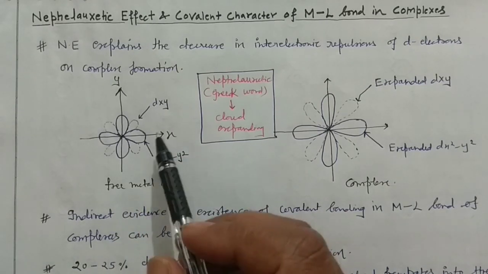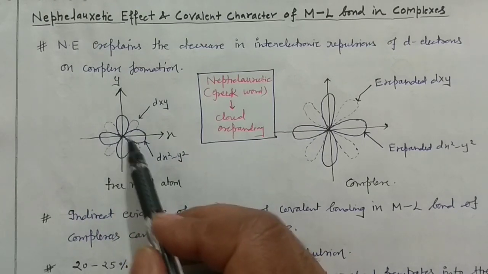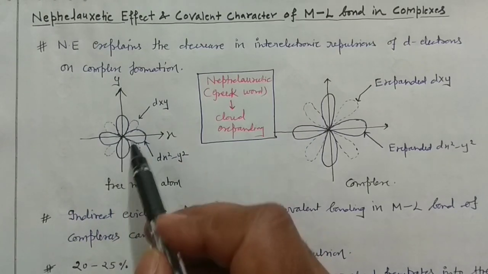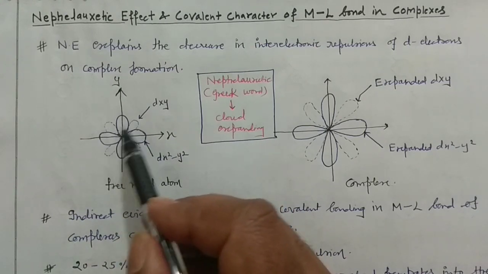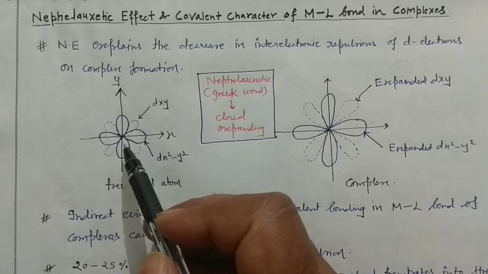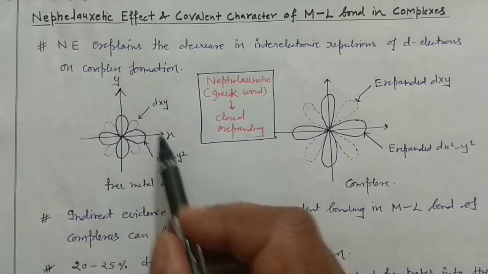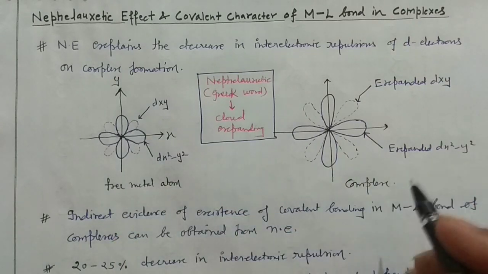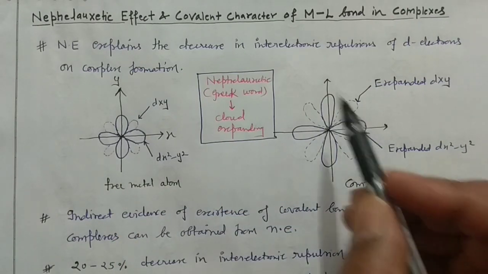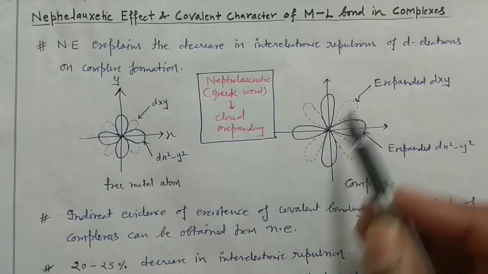So what I want to explain here, you can see the lobes here. These lobes are quite small, and of course these d orbitals have electrons depending upon the electronic system, whether you have the d1, d2, d3, d4, or whatever system. So what happens when the complex formation takes place? Consider there are ligands all around.